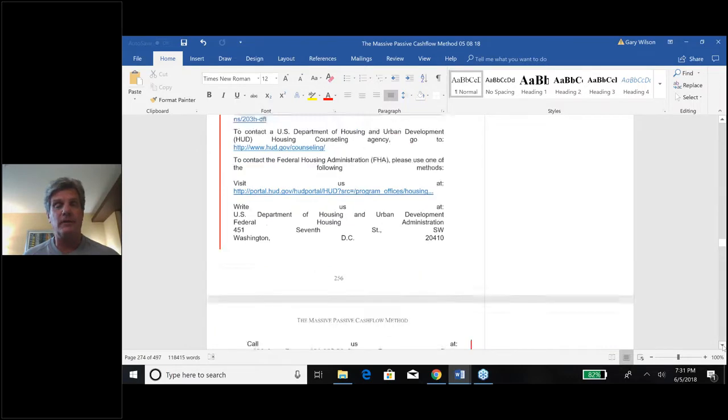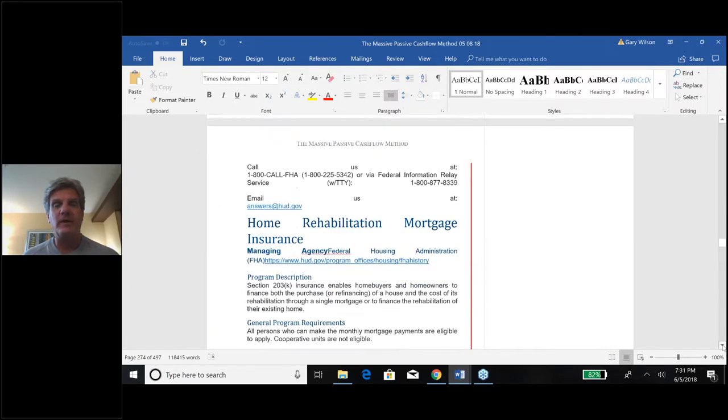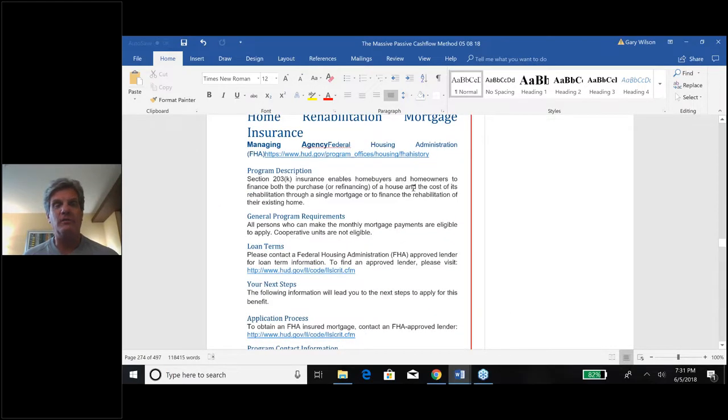Okay, let's see. Rehab loans, right? These are 203Ks. Now, most of you are already familiar with 203Ks. You can do a 203K, for example, on a duplex. No reason you can't.